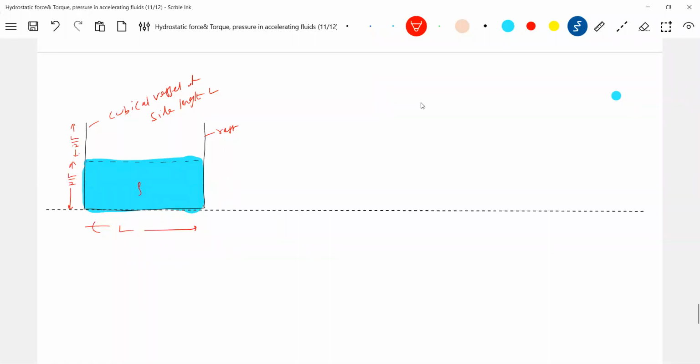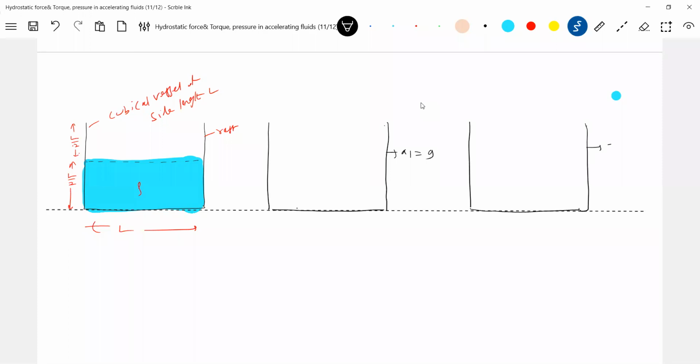Now I'm going to accelerate it. Now the same discussion for acceleration. Let A1 be equal to G, then acceleration A2 equal to 2G.